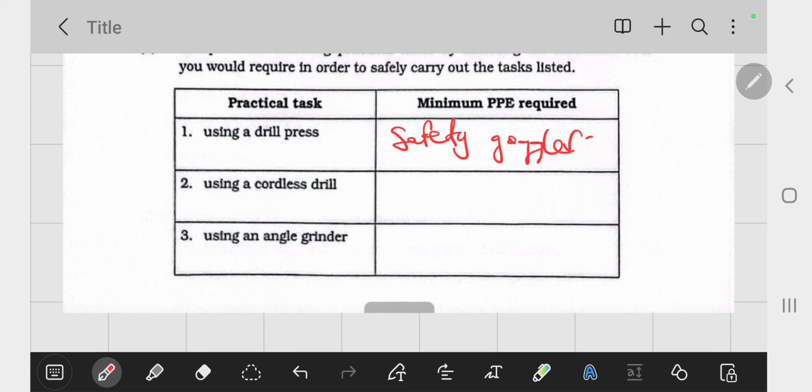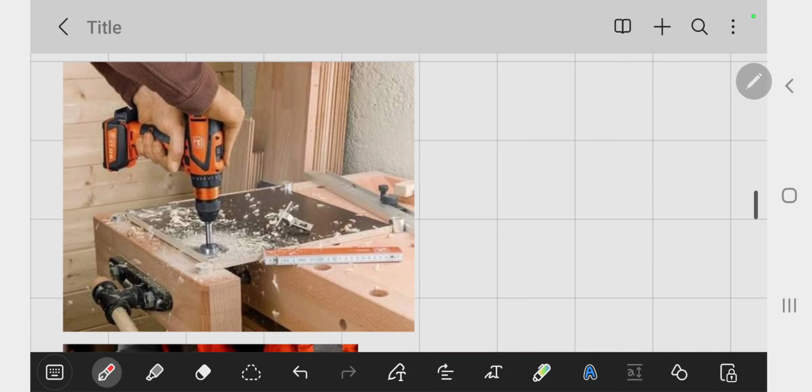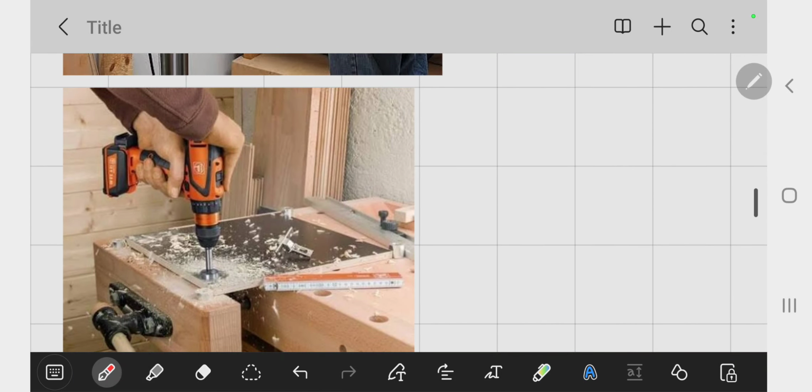Like I said, some of you have no idea of how these things look, and this is why I'm looking up some pictures to help you understand. So when you look at a cordless drill, this is how a cordless drill looks. It's also used for the purpose of drilling, but this particular one is used in wood workshop technology.